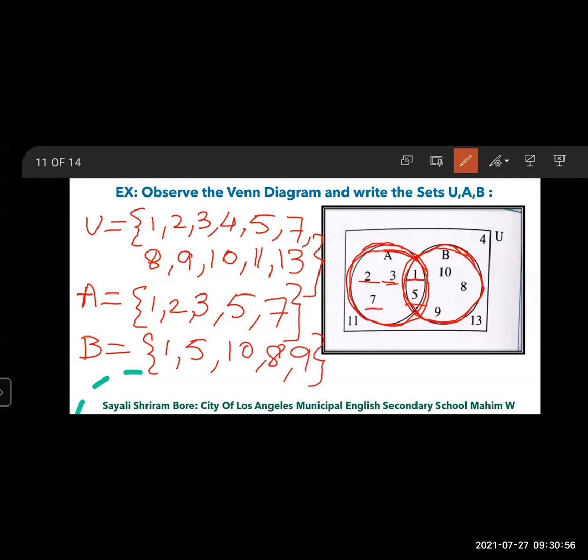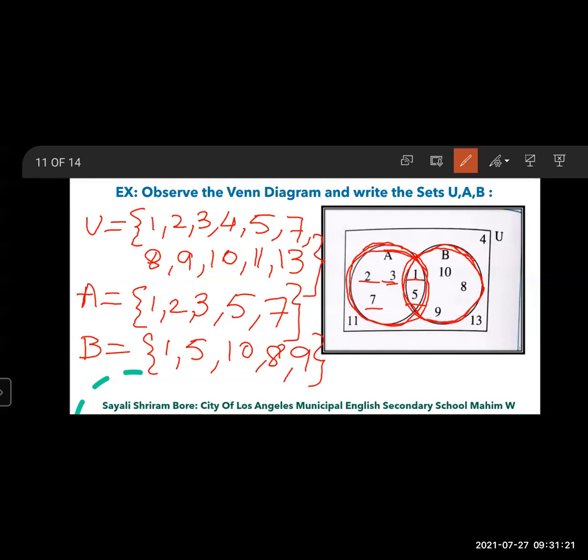So these are the elements in set B. Here, if you write the elements in any order, it will do. Order is not important, but including all the elements is more important. You have to include each and every element from the set. Order is not important over here.